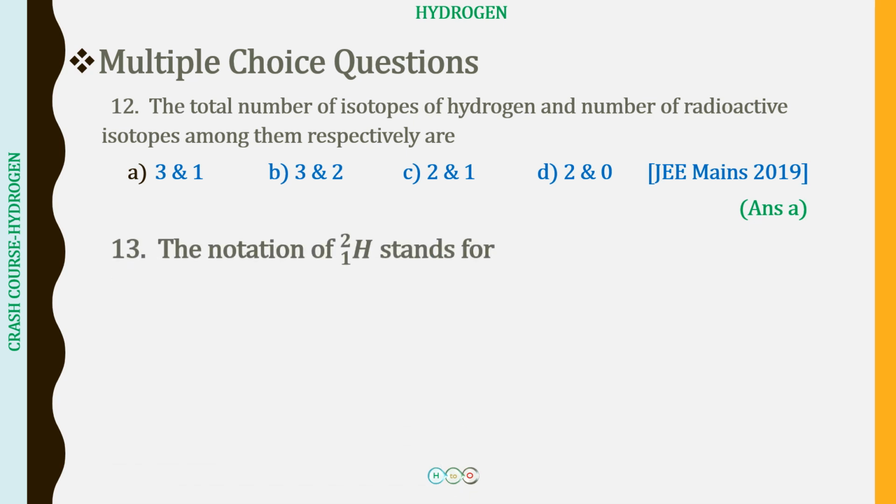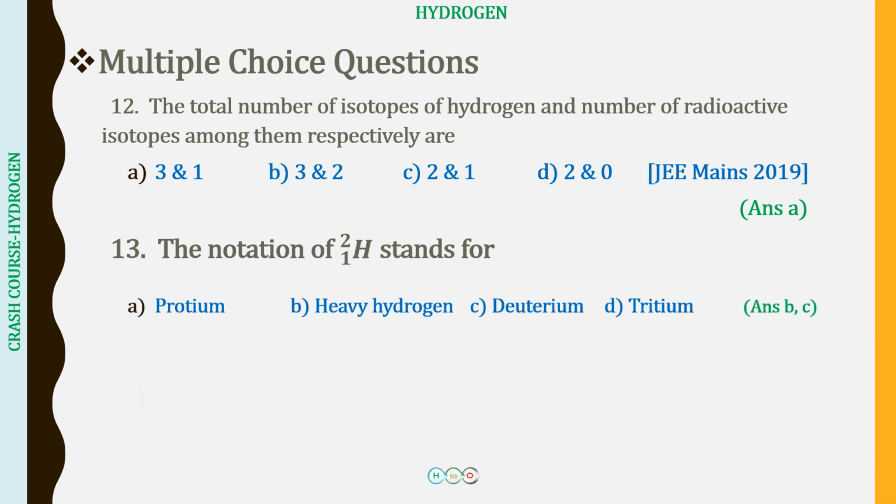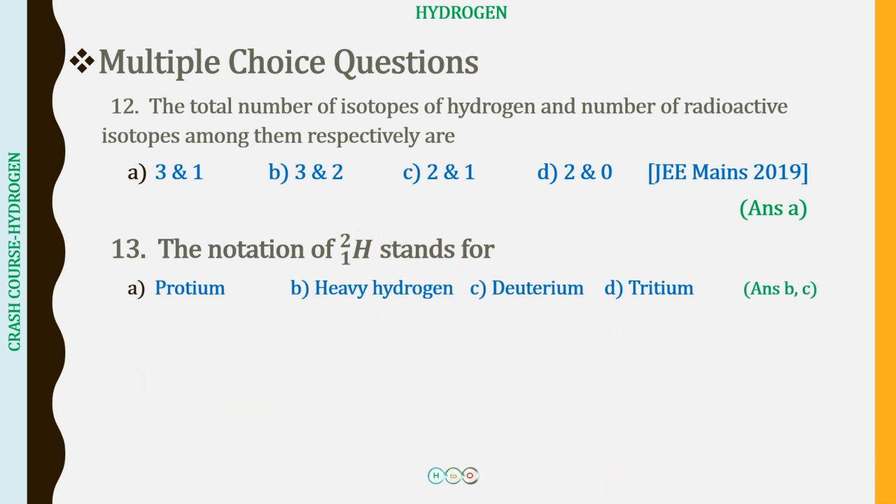The next question is the notation of H12. This stands for protium, heavy hydrogen, deuterium and tritium. Hydrogen with atomic number 1 and mass number 2 is deuterium, and deuterium has another name, that is heavy hydrogen. Why is it called heavy hydrogen?